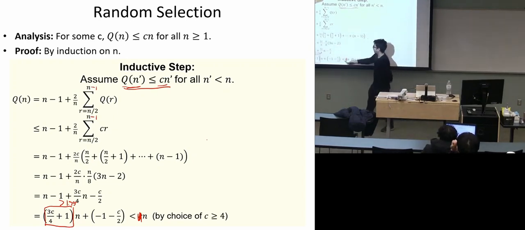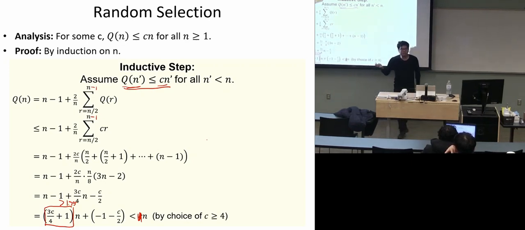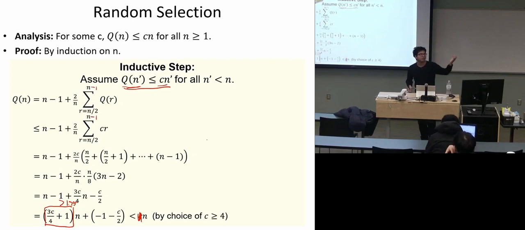So this is n times something bigger than 1. It cannot be less than n. So you see, just from the calculation, it forces you to choose the constant C in your induction hypothesis to be big enough. But if C is at least 4, then everything works out.